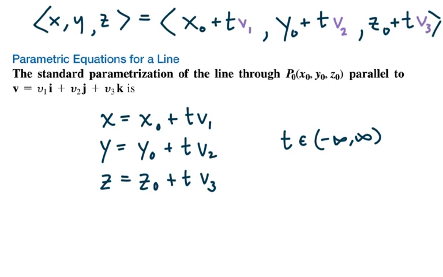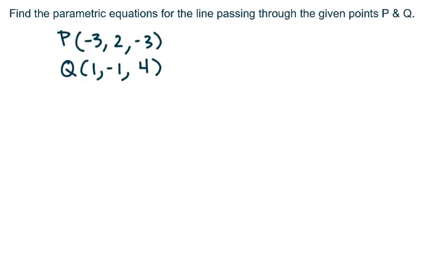On the next slide, we're going to find the parametric equations for a line passing through 2 points. Here we're going to find the parametric equations for the line which passes through these 2 points, P and Q. In order for us to do this, we need to know what the vector PQ is.